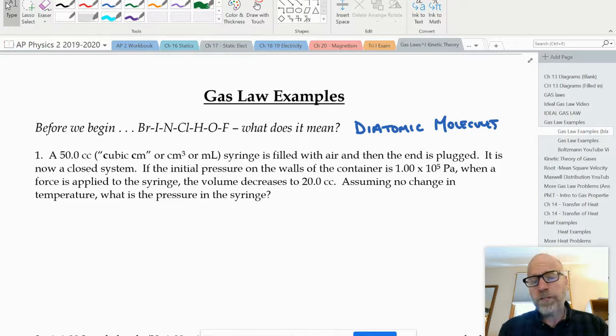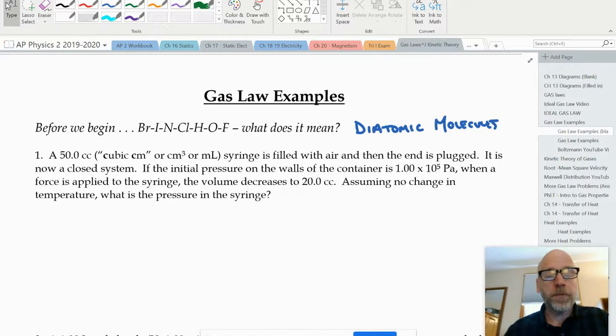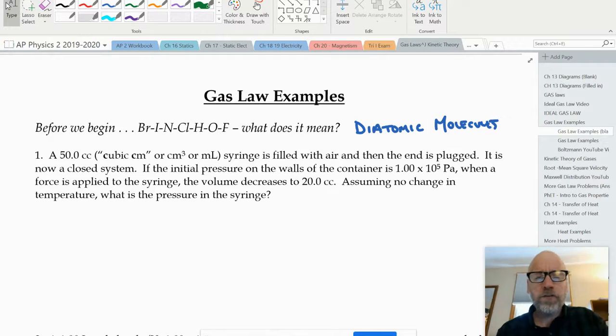If the initial pressure on the walls of the container is 1 times 10 to the 5th pascals, when a force is applied to the syringe, the volume decreases to 20 cc's. Assuming no change in temperature, what is the pressure in the syringe?